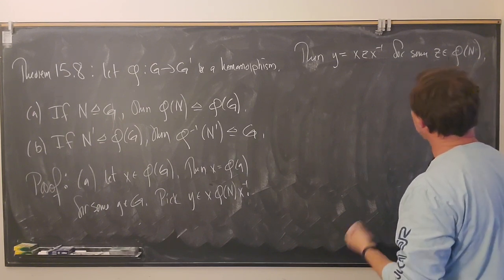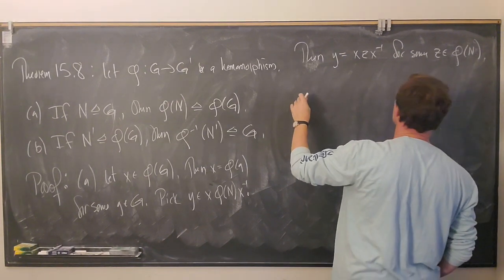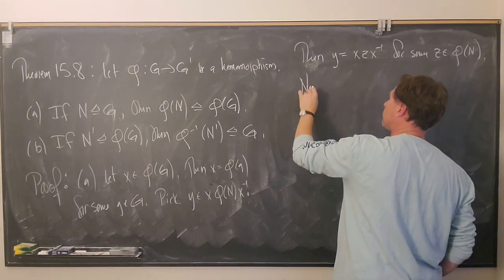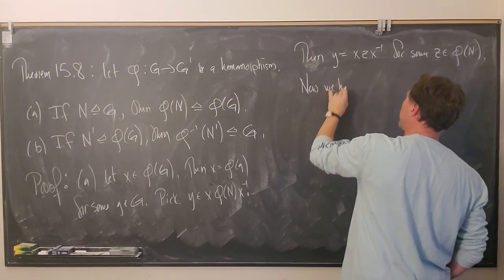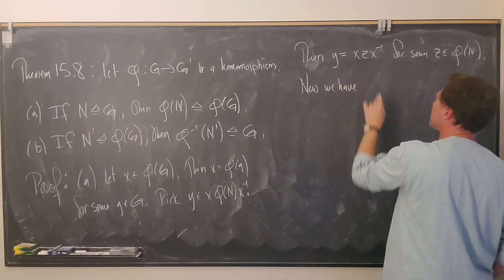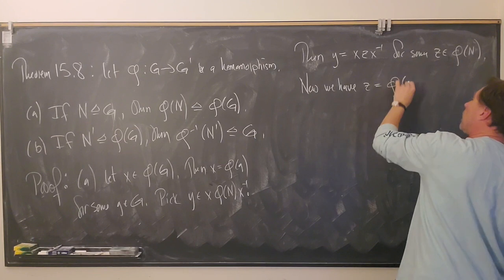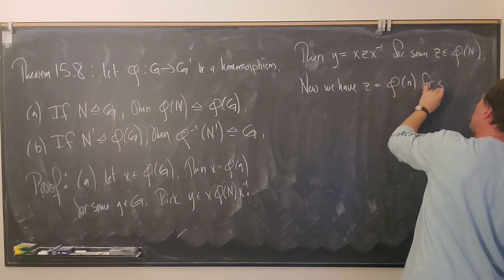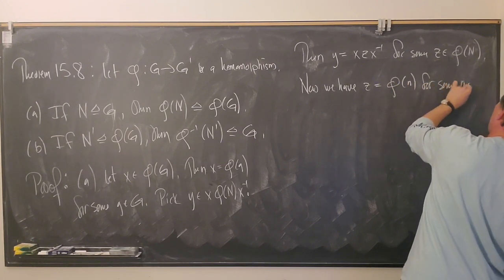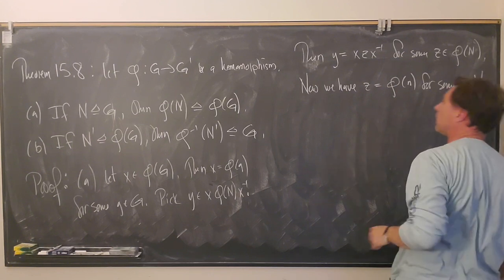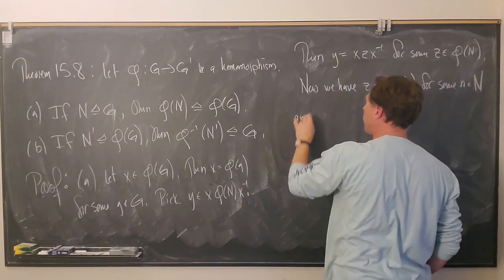So what does z look like? Now we have z is equal to phi of little n for some little n in capital N. And now let's see what y looks like.